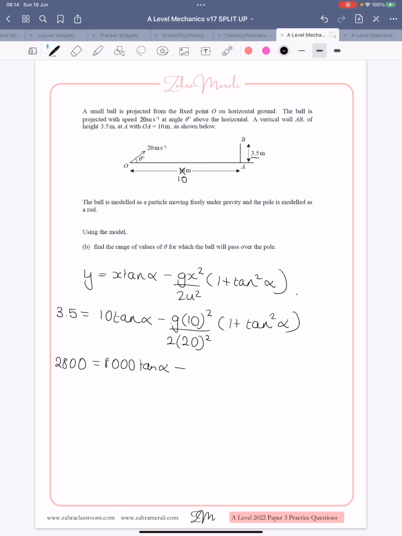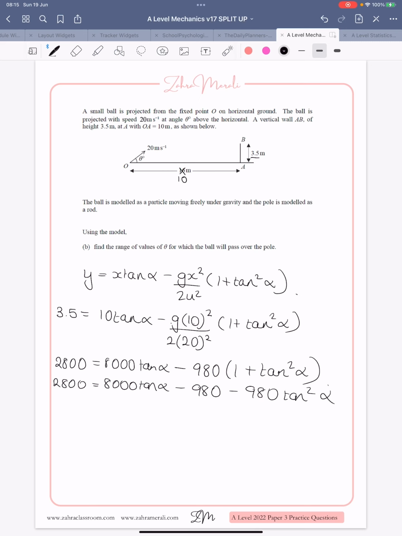So 10 squared is 100 times 9.8 is going to give you 980, 1 plus tan squared alpha. So if we open that up, we've got 2800, 8000 tan alpha minus 980 minus 980 tan squared alpha.